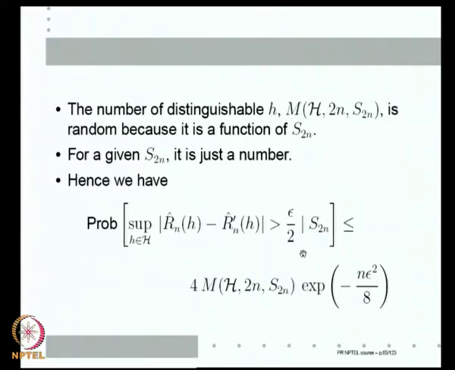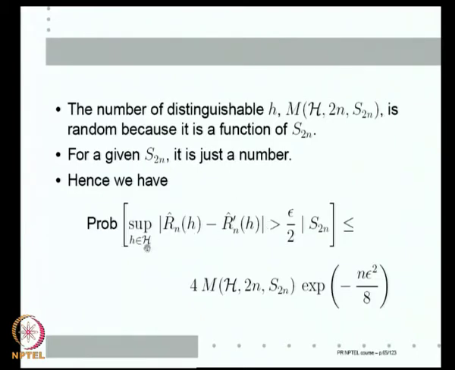So, we can certainly write now that the probability of supremum over h belonging to h of r hat n h minus r hat n prime h greater than epsilon by 2, conditioned on the random variable S2n, will be less than or equal to 4 times this number, m h 2n S2n, times exponential minus n epsilon square by 8.